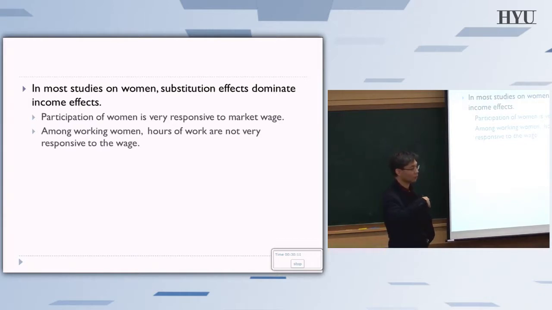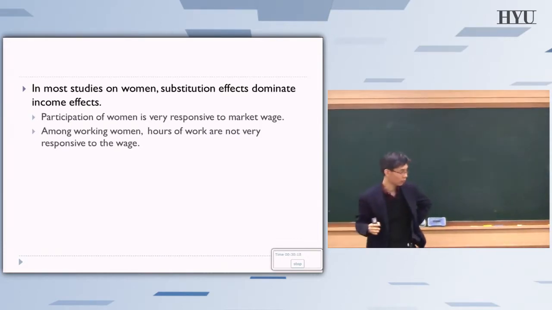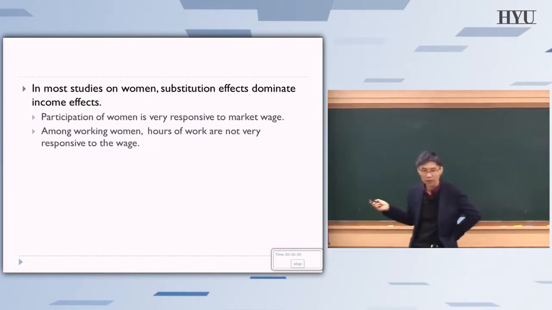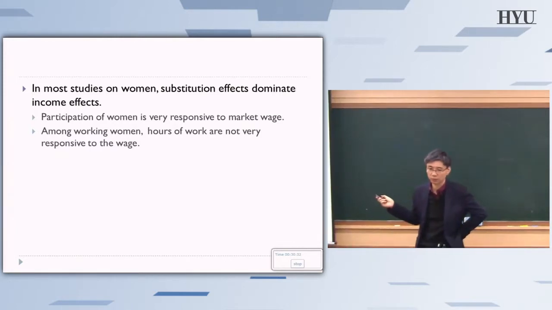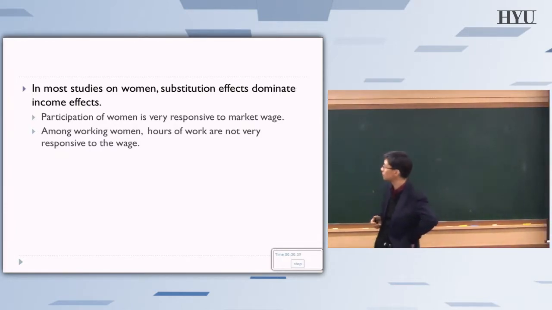When the market wage for women goes up, participation tends to increase, and when it falls, participation tends to decrease. But among working women who are already working, hours of work are not very responsive. So hours are inelastic. Participation seems to be elastic, but hours inelastic.